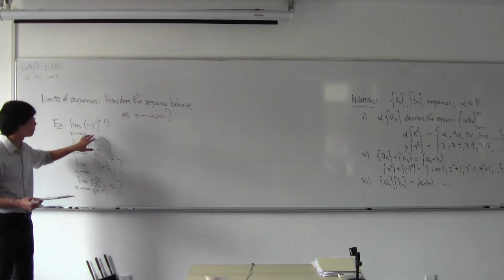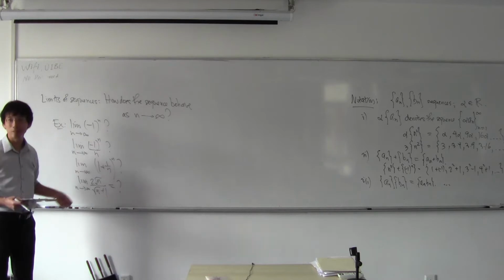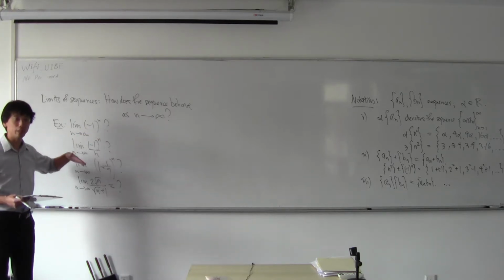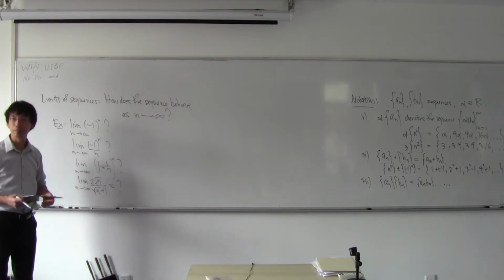Okay, just to get ourselves thinking, what do you think happens to this as n goes to infinity? What happens to this sequence? -1 to the n. As n goes to infinity, what does your sequence do?